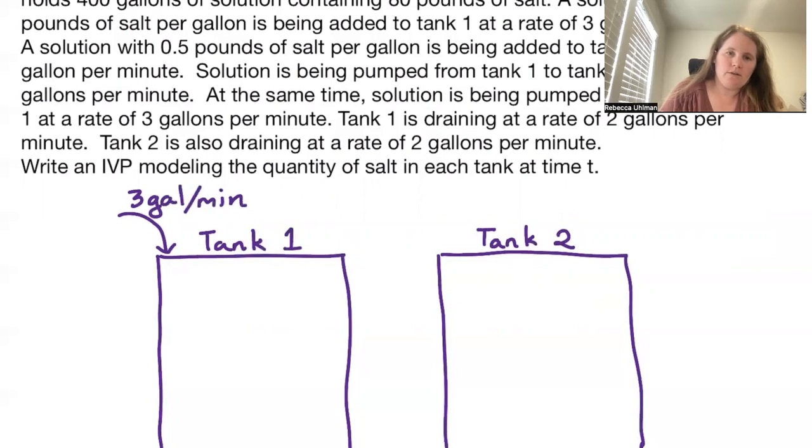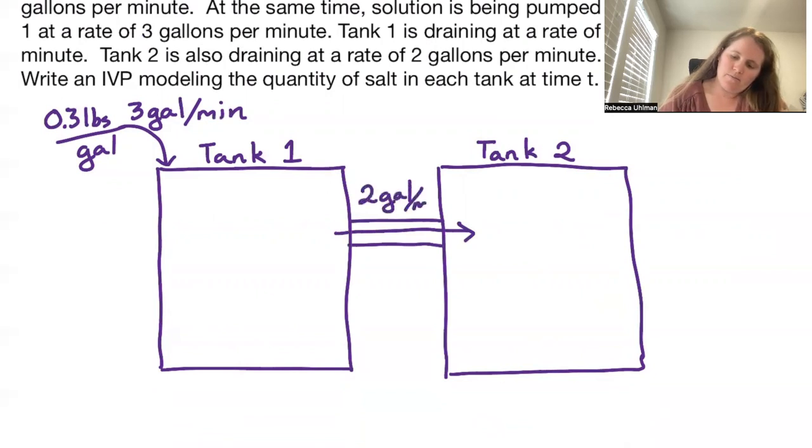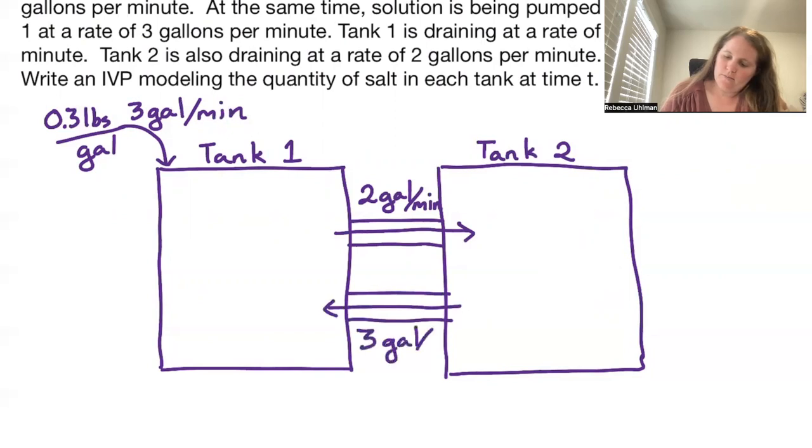And that's a solution, which is 0.3 pounds of salt per gallon. Then we have water transferring through a pipe, leaving tank 1, going into tank 2. This is leaving at 2 gallons per minute. We have another pipe, which is pulling from tank 2 into tank 1 at 3 gallons per minute.